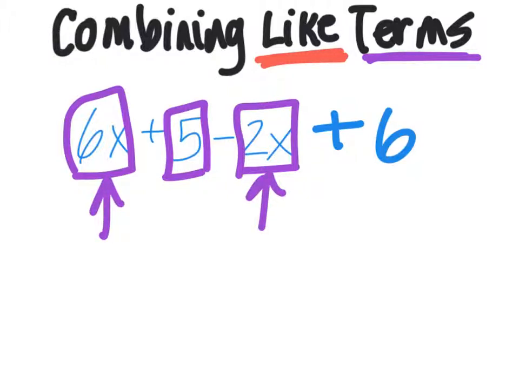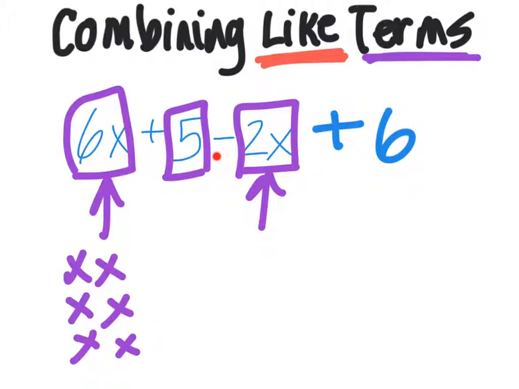Those are really telling me that I have 6 x's, and then I'm going to subtract 2 x's from that, because notice there's a minus here, so minus 2x. So the x's are like terms because they are alike, and the 5 and the 6 are plain old regular numbers, so those are alike.